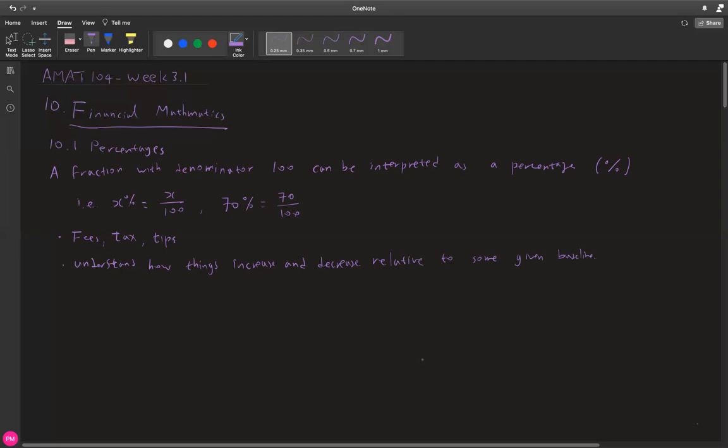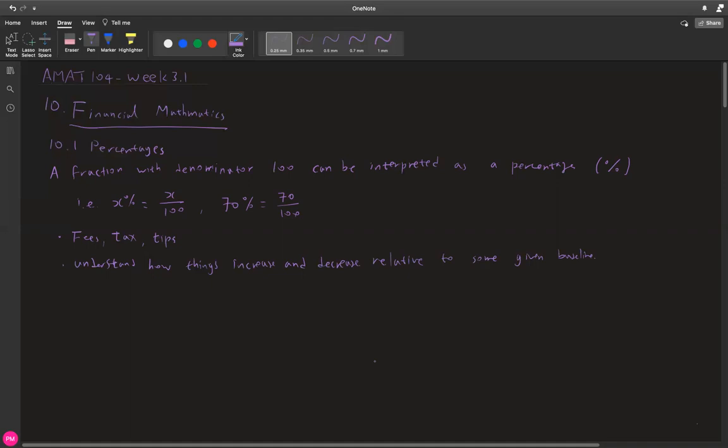So this would mean something like, if it has a 20% sale for the next week, how do you calculate that knowing the original price? Or if it has a 2% increase in your monthly rent, things like that, we can always calculate the future value, the value that we have to pay in the future, knowing the percentage increase or decrease relative to your baseline.